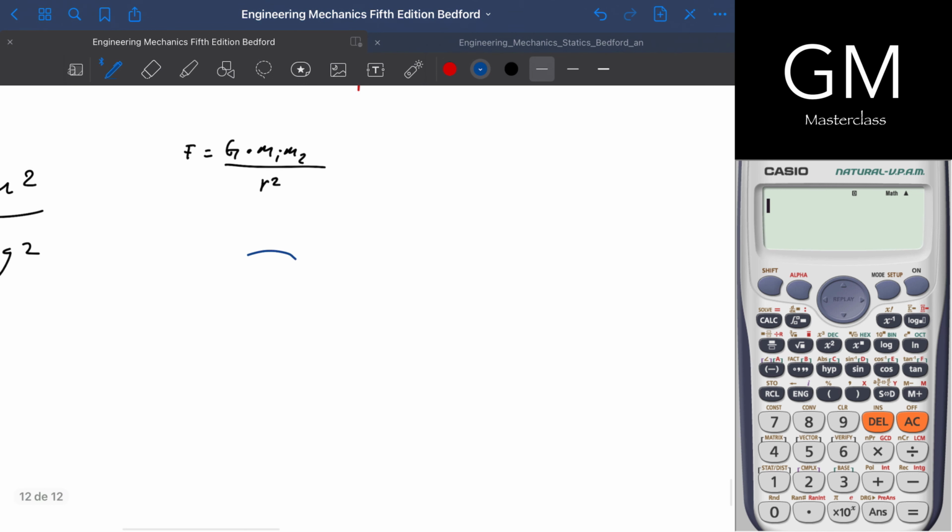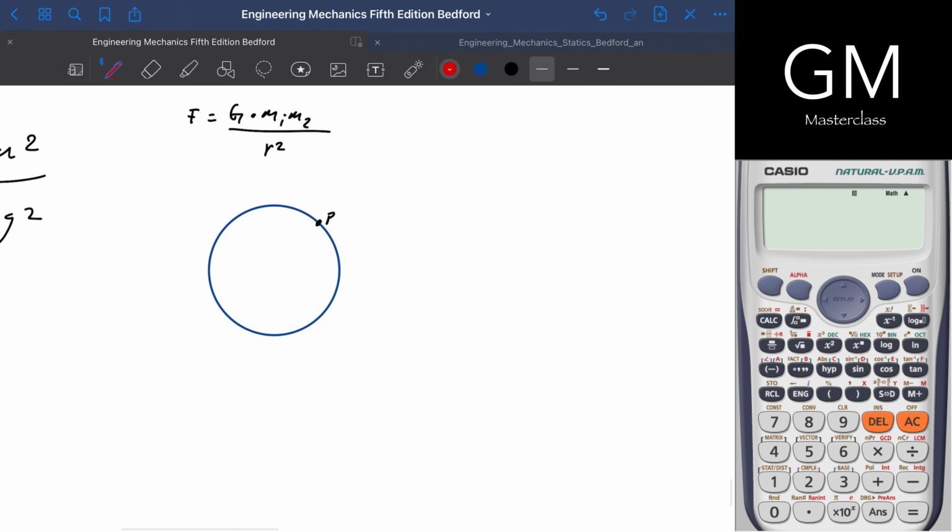Now, because we are talking about gravitational forces, it is pretty common to talk about planets. When I have a planet, and on the surface of that planet I have a specific particle which I am going to call P, the center of that planet is going to pull the particle. Because of this, part of the equation can be rewritten.